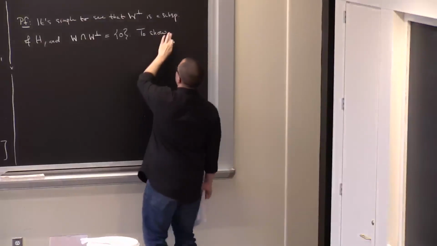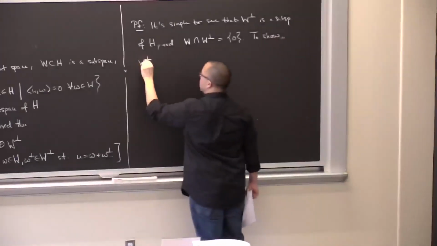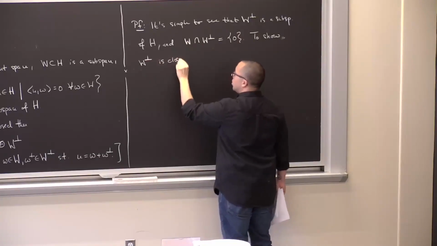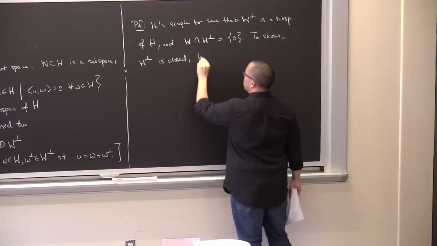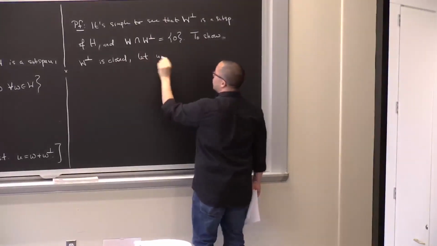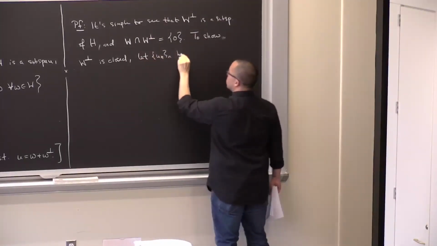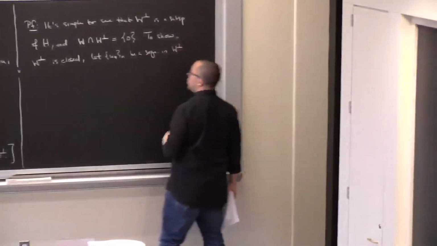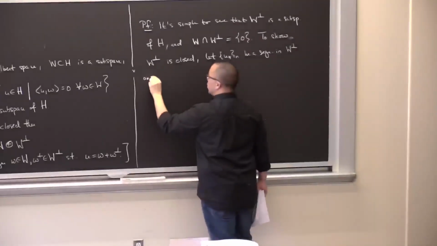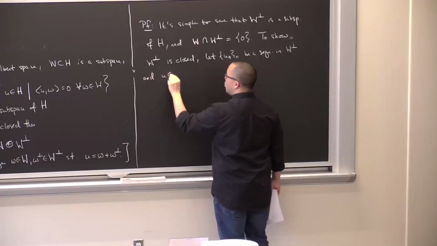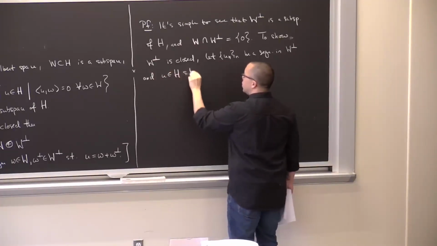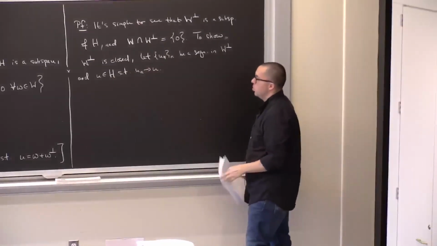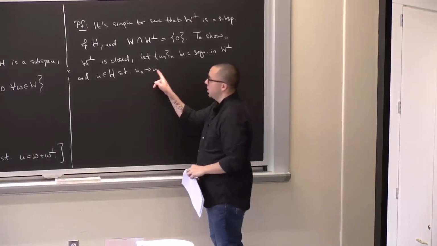To show that W perp is closed, let u_n be a sequence in W perp, and u in H such that u_n converges to u. So W perp is closed if we show that u is in fact in W perp.